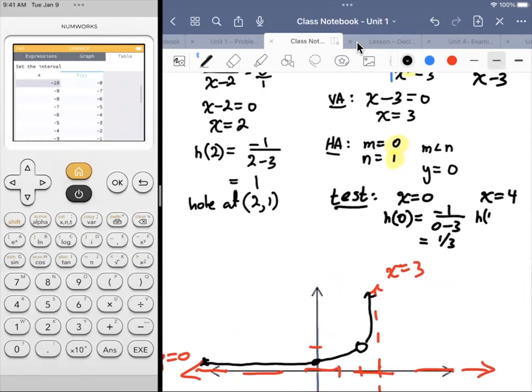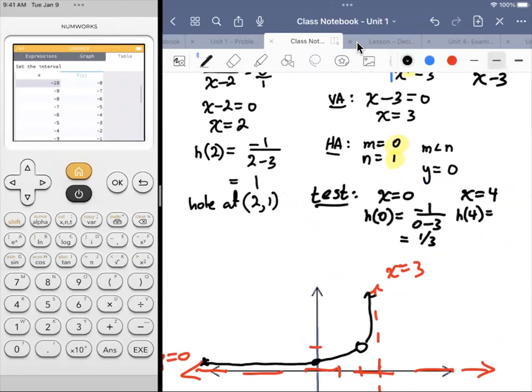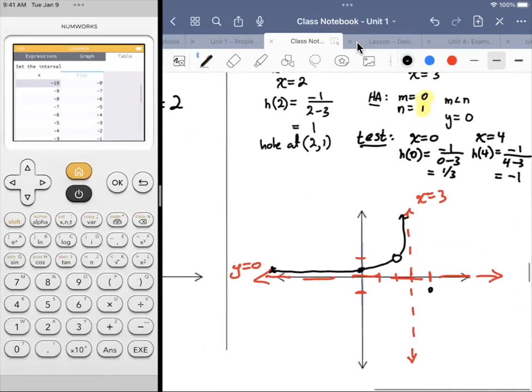So h of 4 is going to be equal to -1 over 4 minus 3. -1 over +1 is -1. So at 4, this is where 4 would be right here. I'm going to be going down 1 unit and plotting a point. So it's bounded by the vertical asymptote and the horizontal asymptote. So we're looking at something like this.